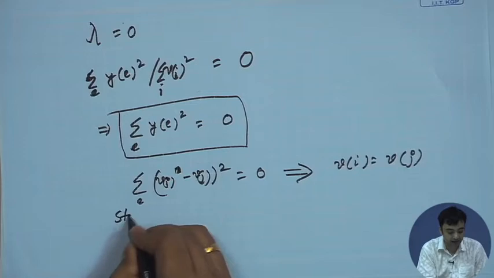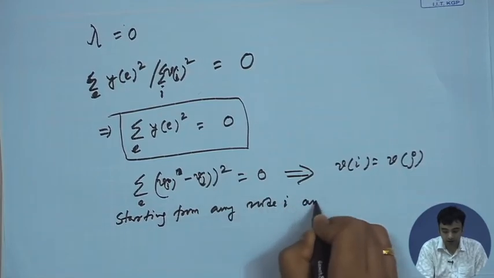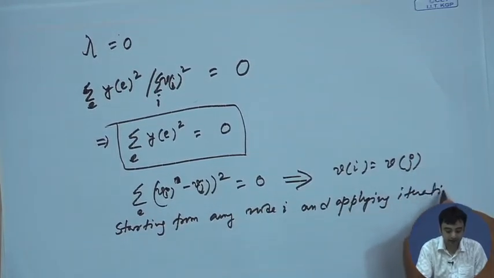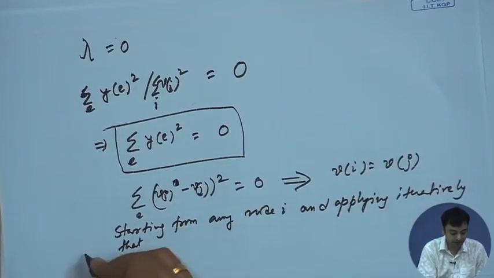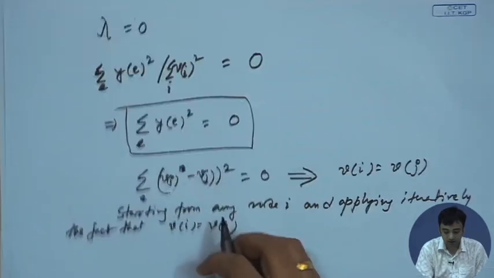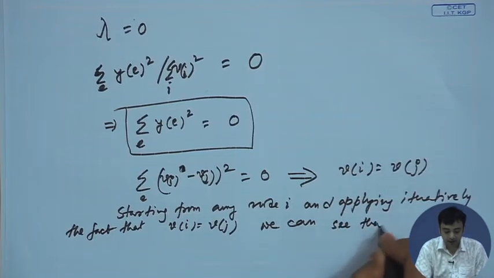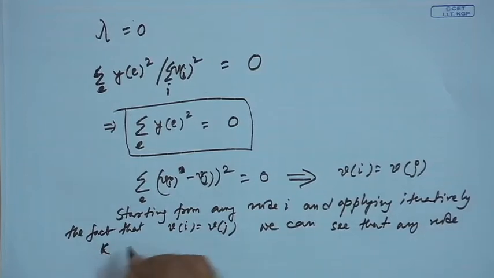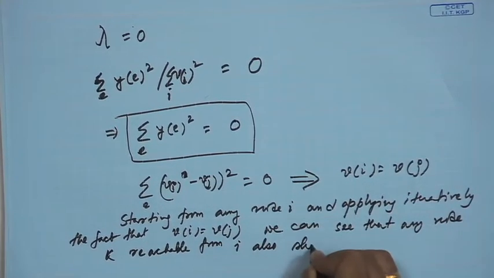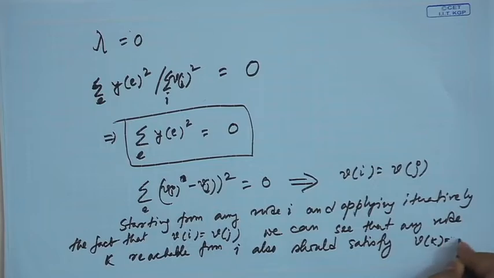Now, starting from any node i, and applying the fact that Vi is equal to Vj iteratively, we can see that any node k reachable from i also should satisfy Vk is equal to Vi.